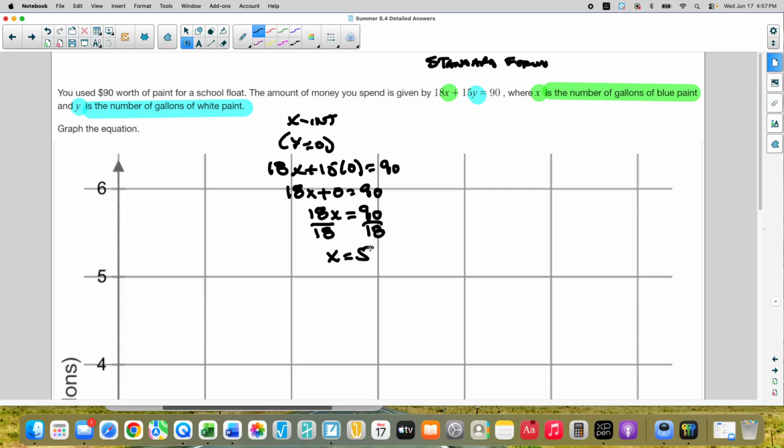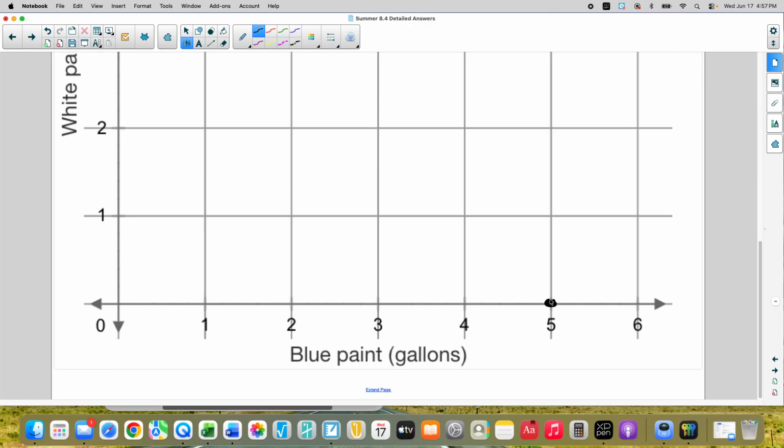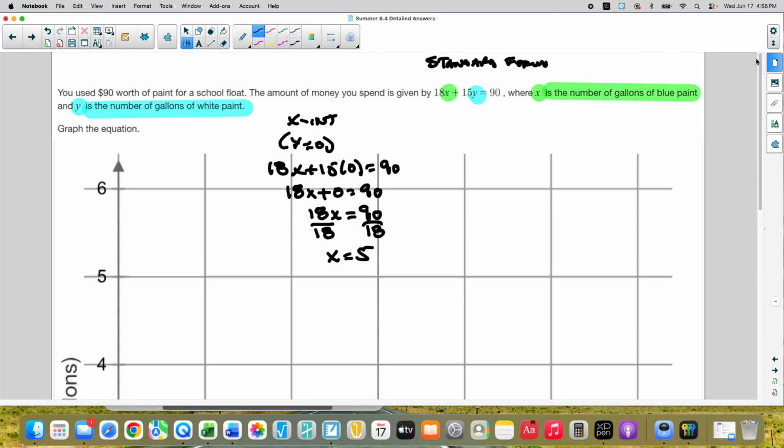So that's my x-intercept. So I can go on my x-axis and make a dot at 5. So this tells me that when I have 5 gallons of blue paint, I have 0 gallons of white. 5, 0, because it is blue, comma, white gallons. And that's why an intercept's really nice. We know what the extreme for the blue and white are going to be.